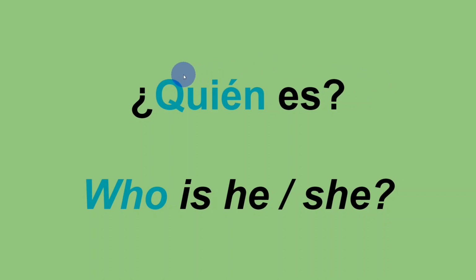Third one. ¿Quién es? Now, once you get more speed in your Spanish, this is going to seem like it's together right here. A lot of people say ¿Quién es? Like when they answer the phone. ¿Quién es? ¿Quién habla? Who is he or she?